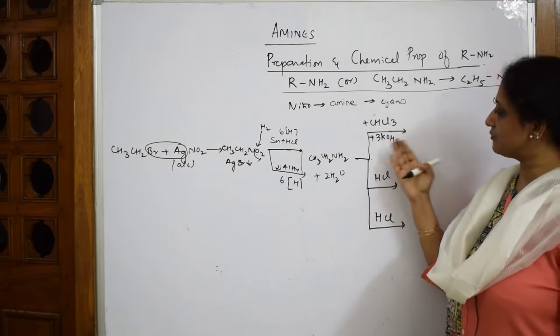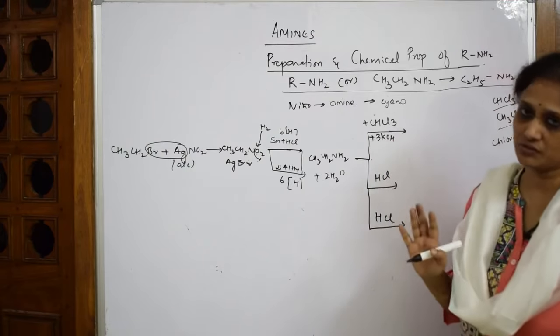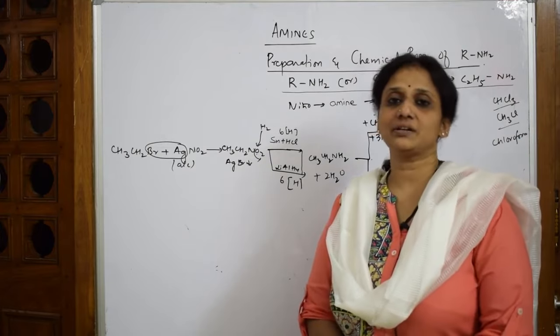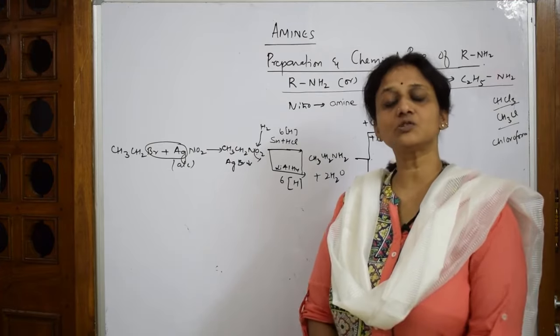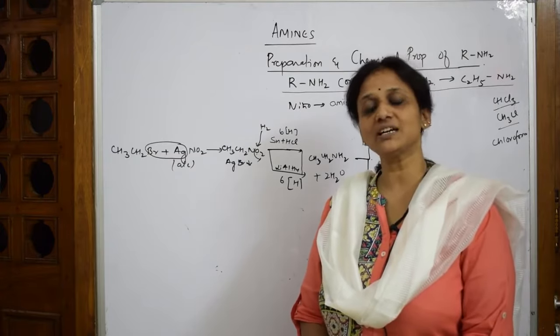Now if you are treating amines with chloroform and potassium hydroxide, a strong base, that particular reaction is called the carbylamine reaction. Remember that. It can also be called Hofmann's isocyanide test or isocyanide reaction.